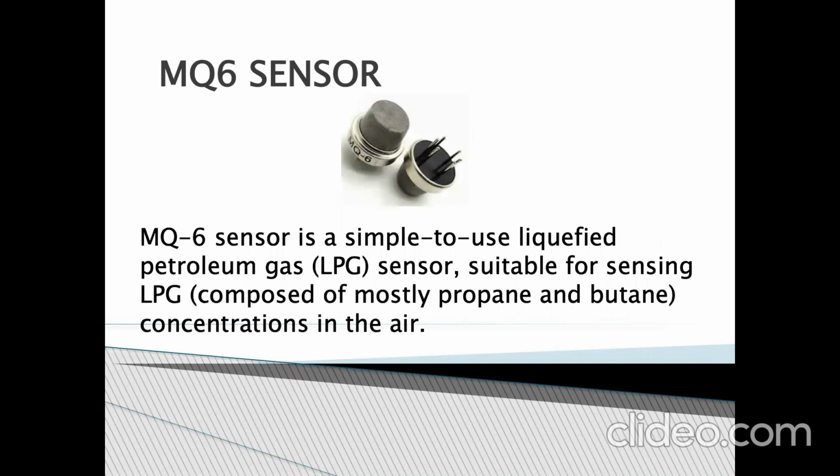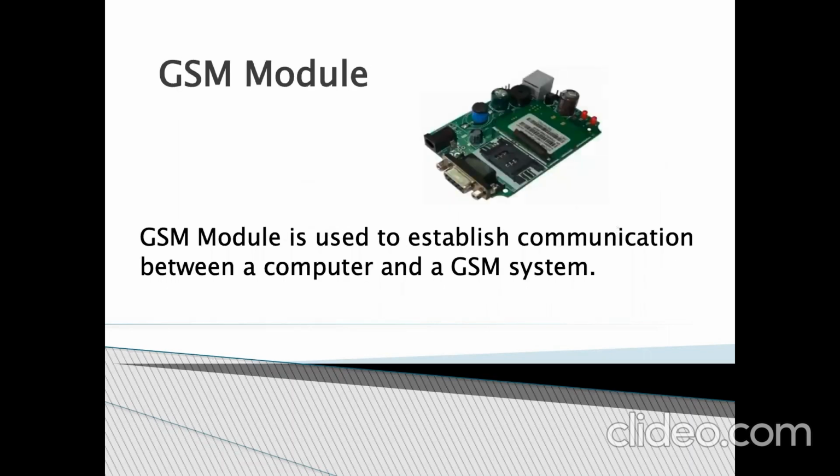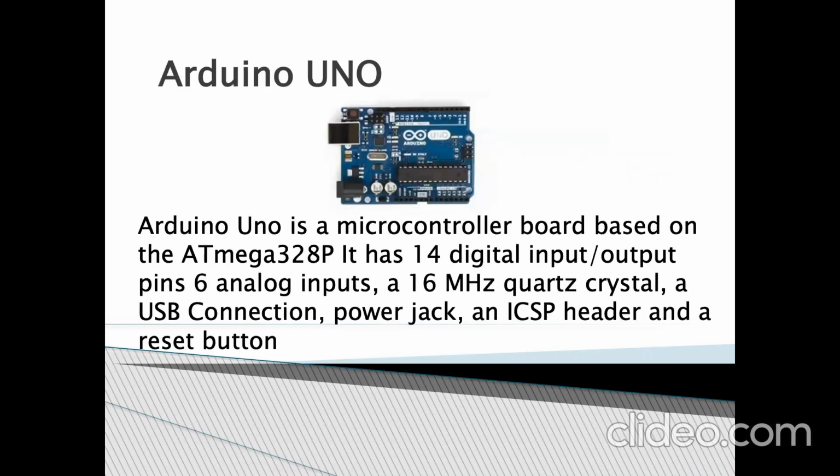In order to detect petrol and gas, we use MQ6 sensors. We use a GSM model to establish communication between a computer and GSM systems, and we use Arduino Uno in order to use both pins for digital input and output.